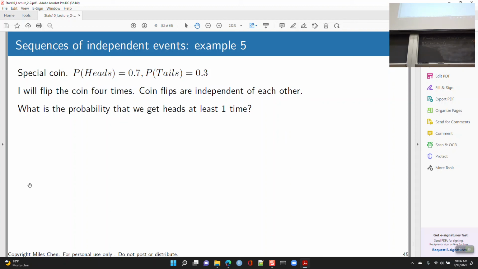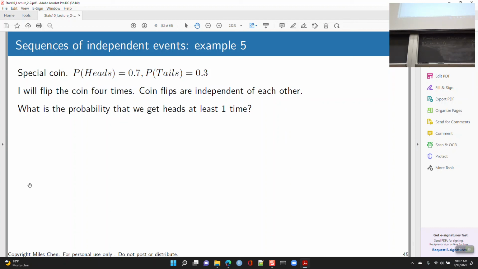We can get 0 heads. That would be tails, tails, tails, tails. We can get 1 head, and that would be heads, tails, tails, tails. We could also get tails, heads, tails, tails. We can get tails, tails, heads, tails, and tails, tails, tails, heads.